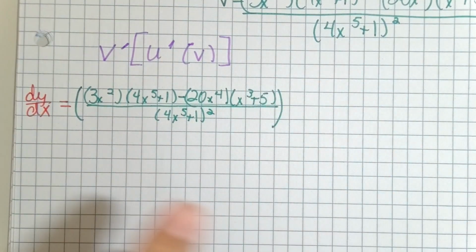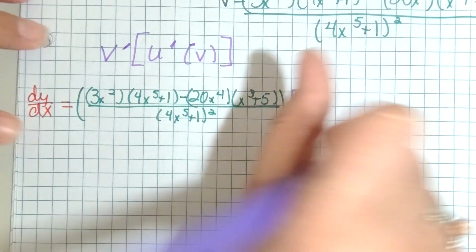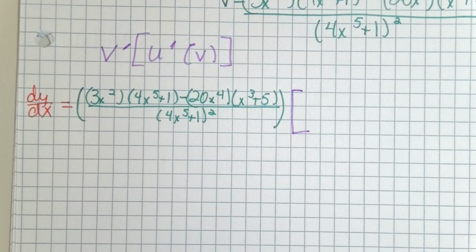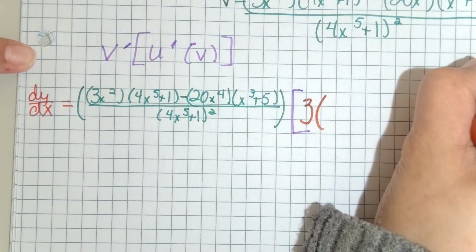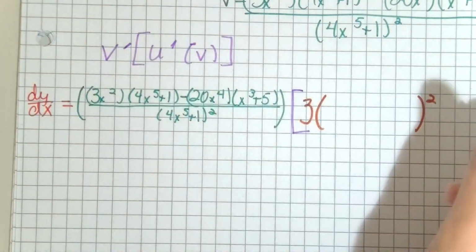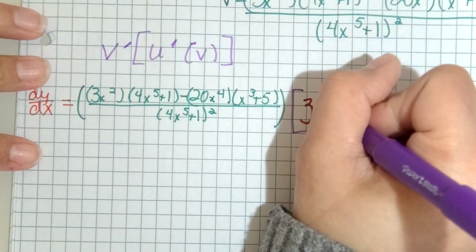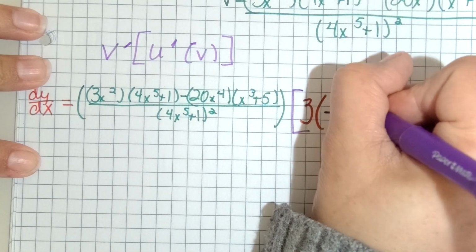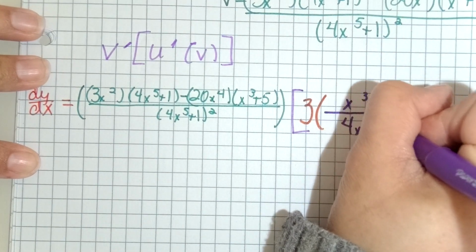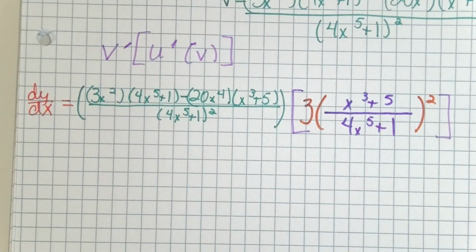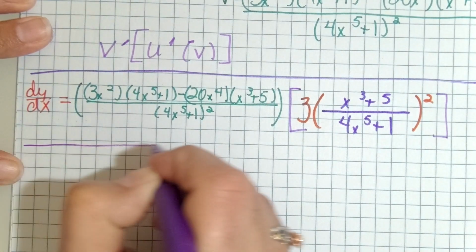So that's V prime, U prime, and then V. That is my final answer.